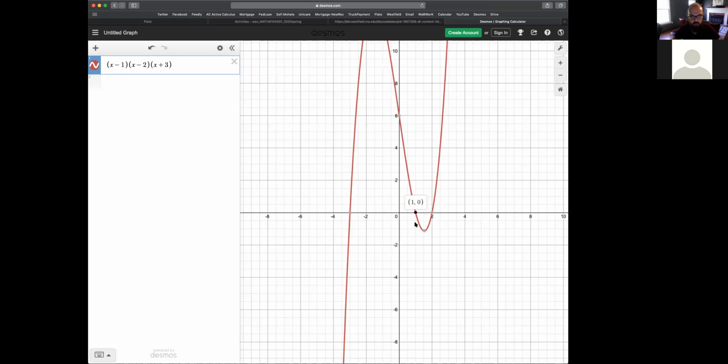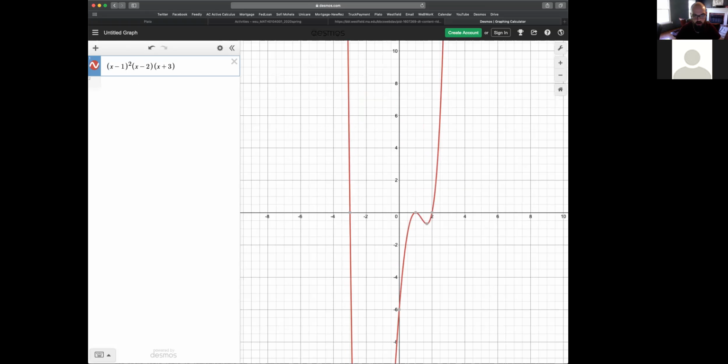So let's observe what happens when I change, say, the exponent on this term, x minus 1. Okay, so here's this factor, x minus 1, goes along with this 0 right here. So let's just keep in mind what's happening right here. And then I'm going to go ahead and square it, and we're going to see how it changed. Right, so if I put a 2 there, what was different than if I just put a 1?